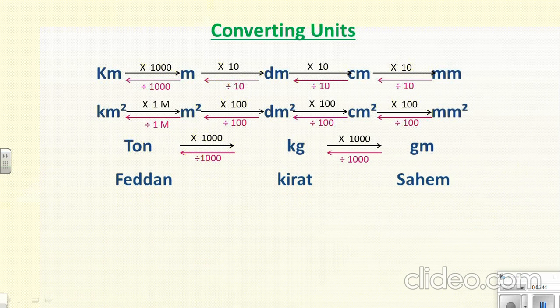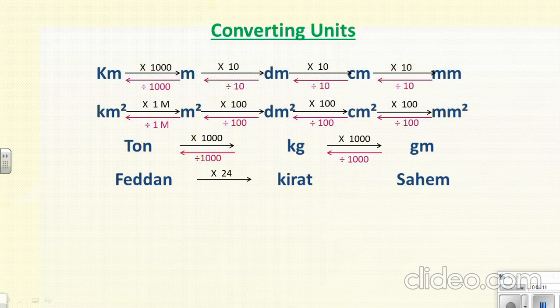Faddan, kirat and sahm: these units we use to measure lands, agricultural lands. Faddan is the biggest unit of them. So from faddan to kirat, the smaller one, we multiply by 24.